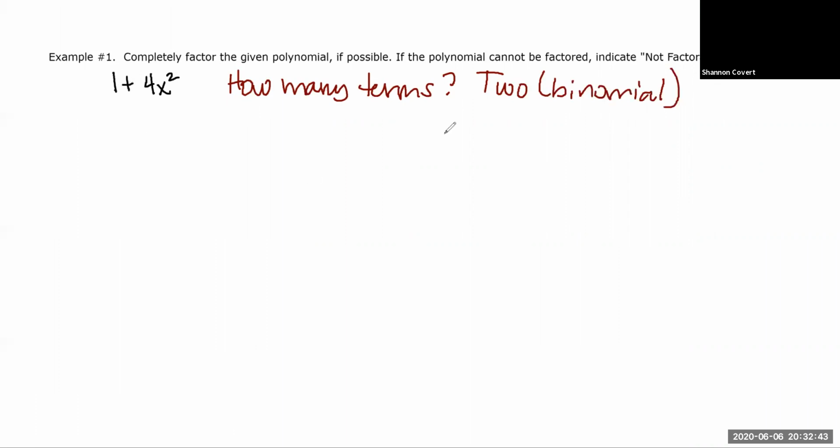So remember, we have difference of squares, sum of squares, difference of cubes, sum of cubes. All right, so this one happens to be, so 1 is a perfect square. 4x squared is a perfect square. But this is a sum of perfect squares, which means it's not factorable.